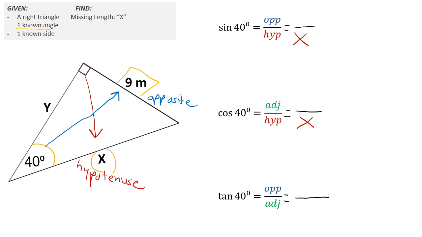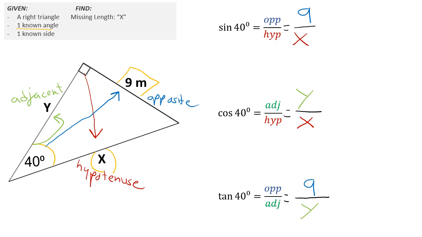So no problem. What is adjacent to the 40 degrees? Well, that's going to be the y. We don't know what y is, but we can still just use it as the adjacent there. So there we go.